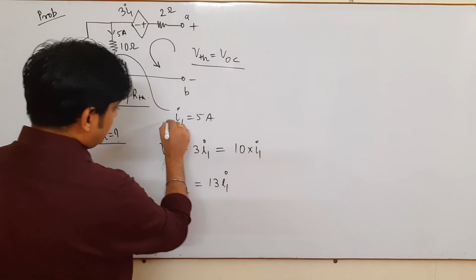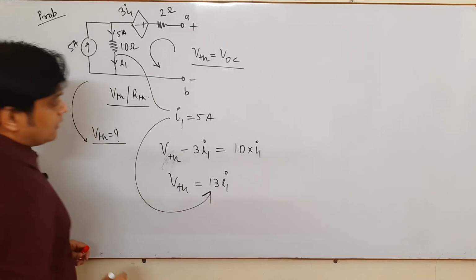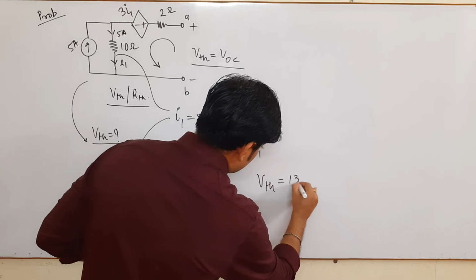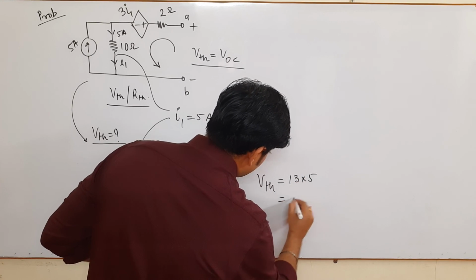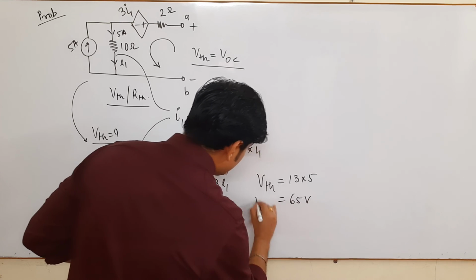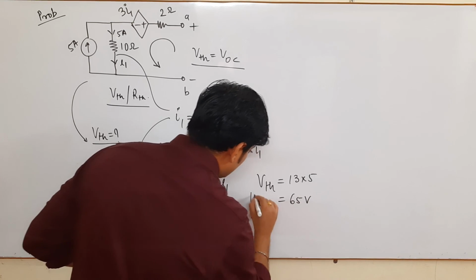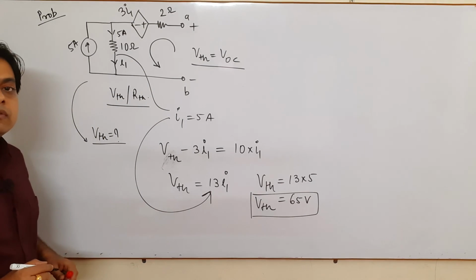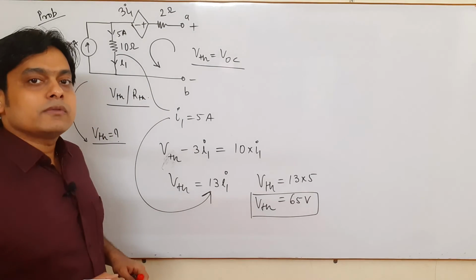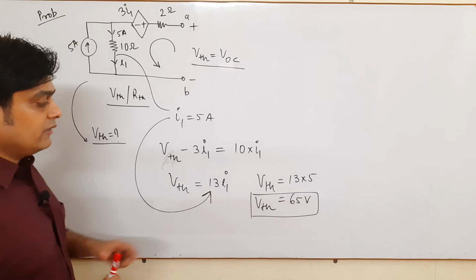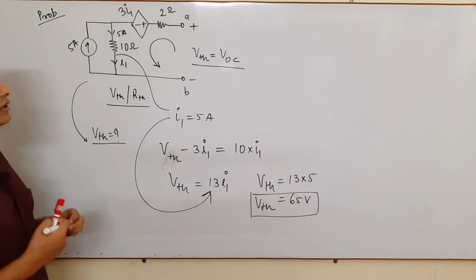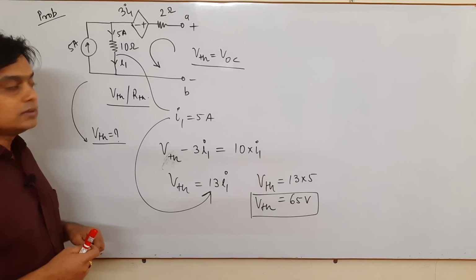And you know the value of I1 is 5 ampere, so VTH comes to be 13 into 5, that is 65 volt. So this is the value of your open circuit voltage or Thevenin's voltage, 65 volt. With this we have solved this problem and found the value of VTH. This question was asked in GATE.